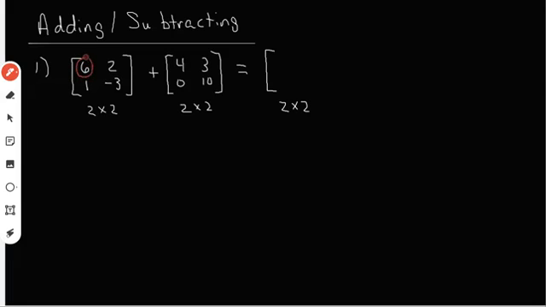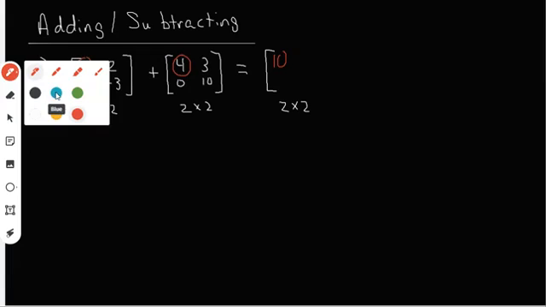So we're only going to be circling 6 and 4. Okay. So notice that these two numbers are in the exact same spot in their respective matrices. Well, we're adding them together, so what's 6 plus 4 going to give me? 6 plus 4, that's going to give me 10. So I'm going to put down a 10.